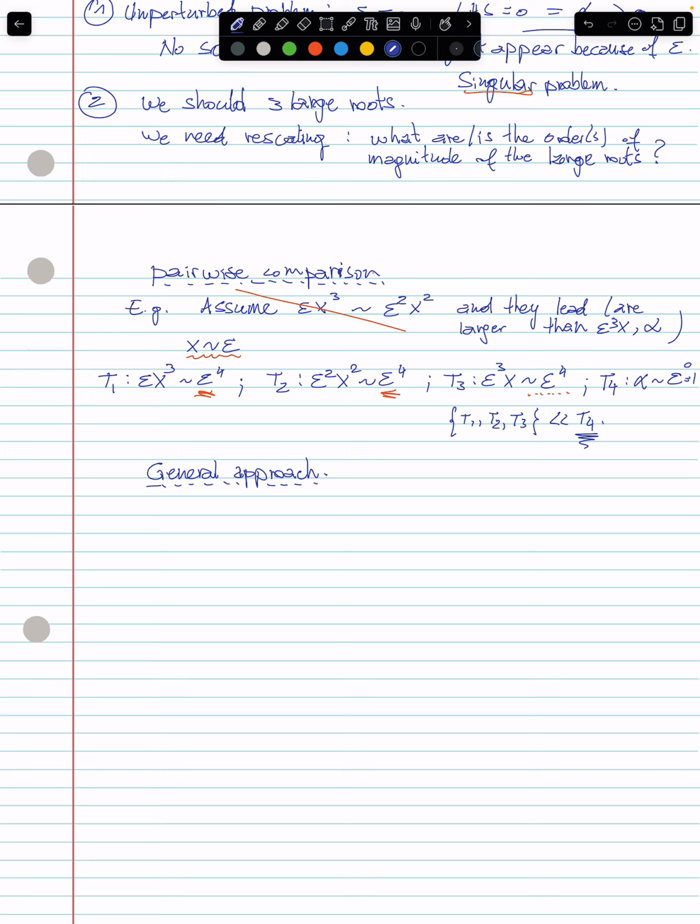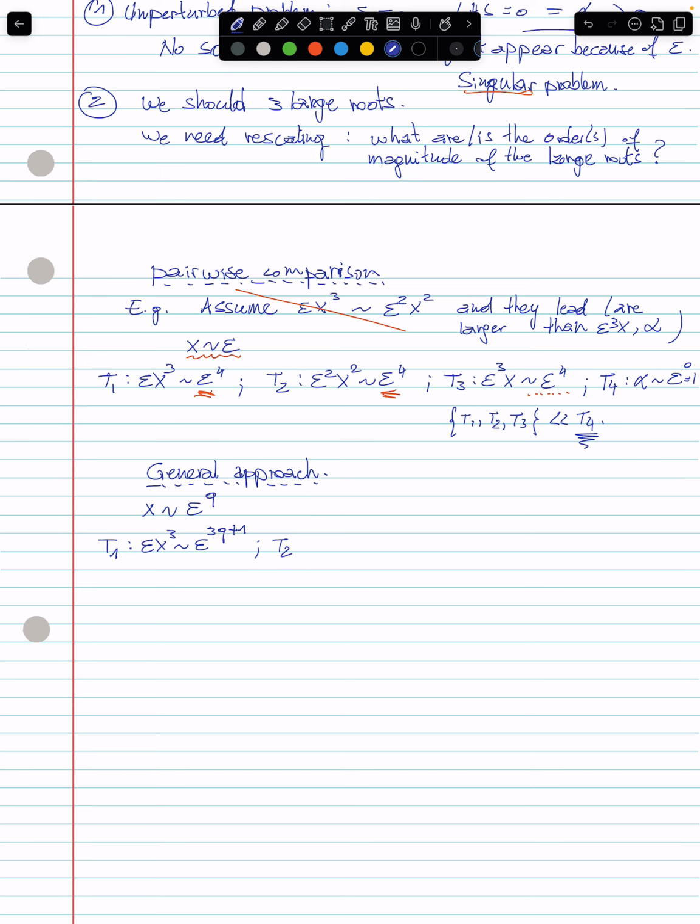And how does it work? Remember what we did earlier. We just have to say that x has order of magnitude epsilon to the power q. We need to rewrite the orders of magnitude of each term. So we make it general. We do the same as what we did, except that now x is epsilon to the power q, meaning that epsilon times x to the third is epsilon to the power 3q plus 1.